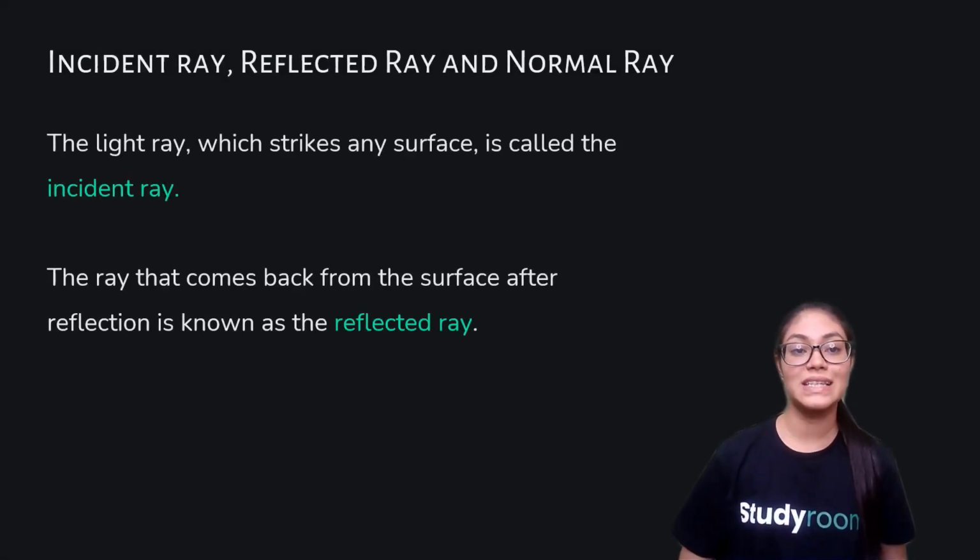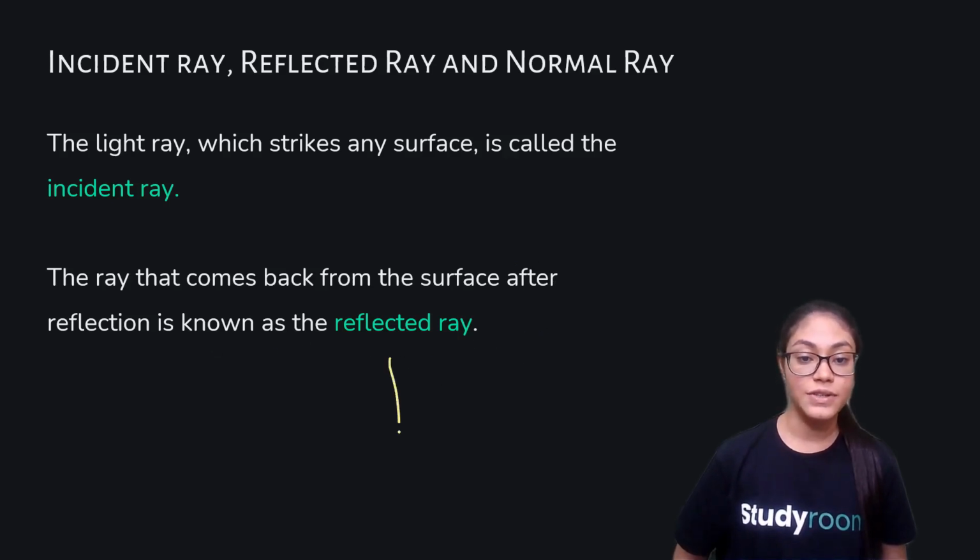Now, what is the incident ray, reflected ray, and normal ray? Let's see this. The light ray which strikes any surface is called the incident ray. The ray that comes back from the surface after reflection is known as the reflected ray.